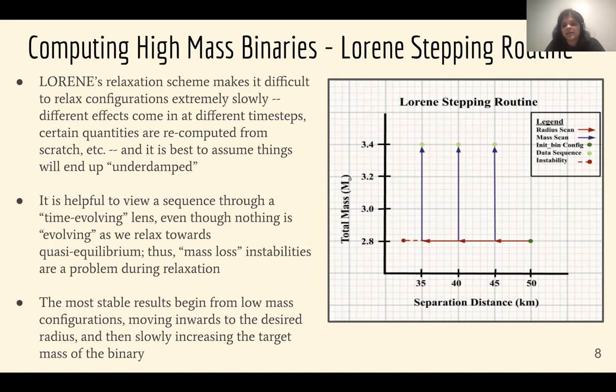That way we were able to get high mass binaries, as shown in the graph on the right hand side of the slide. We were able to get stable results beginning from a low mass configuration, moving inwards to the desired radius, and then slowly increasing the target mass of the binary system.